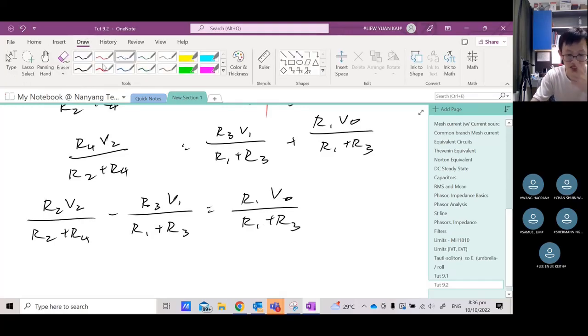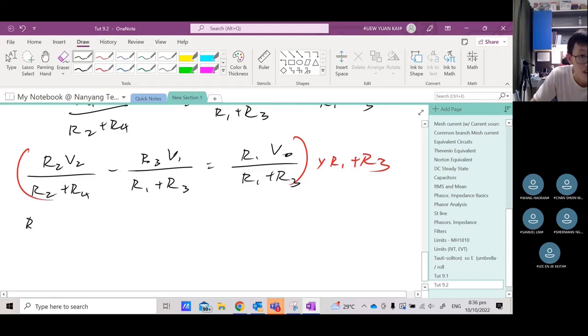Okay, to simplify stuff, because we want to make this the subject, what we should do is multiply this whole equation by R1 plus R3. We want to remove this denominator.